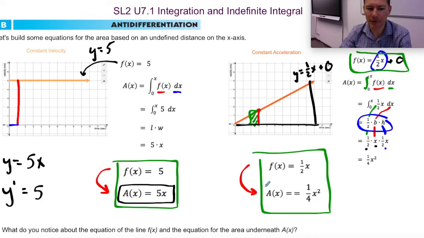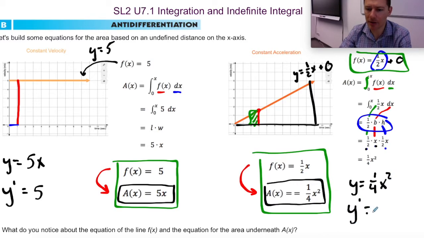And same thing, if we started with y was 1/4 x squared and you took the derivative, y prime, you'd get 2 times a fourth, which is a half, and then you decrease the exponent by 1. You get this.